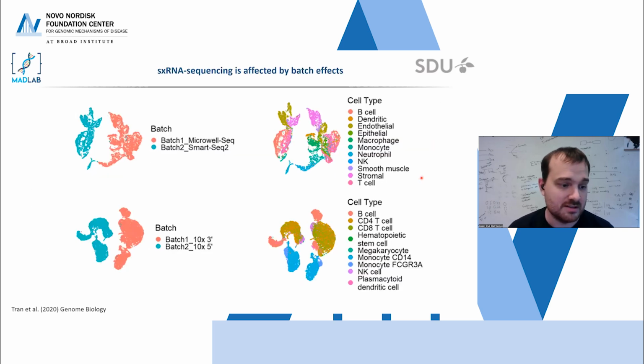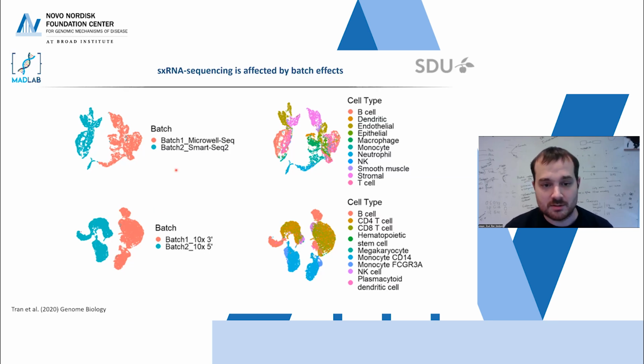And what we often see is something that looks like this when we analyze our data sets naively. So here we have the same tissue, the same sample, but analyzed with two different technologies. Here are very unrelated technologies, well-based technologies, and two droplet-based technologies. And we see that the cells are separating by batch.